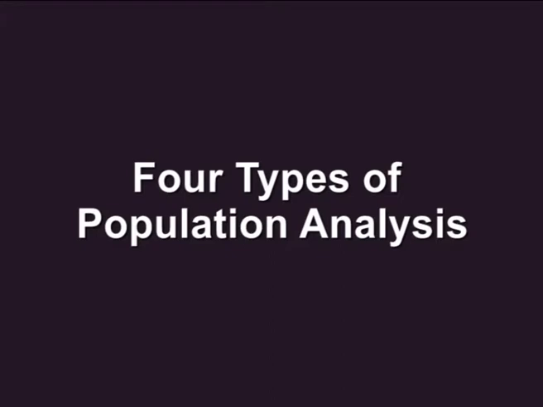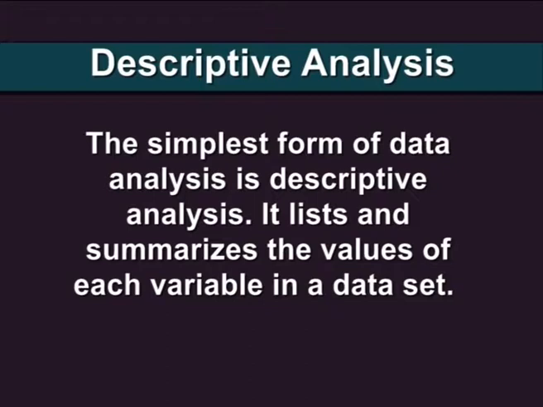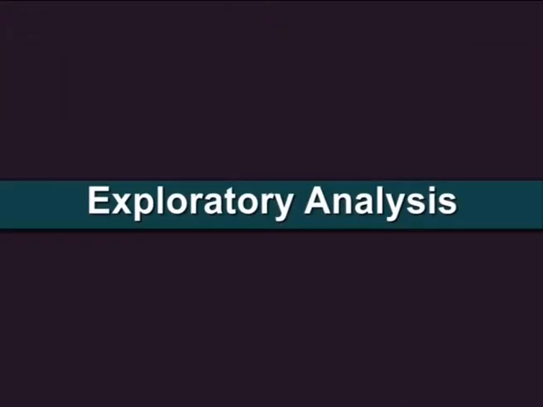There are four types of population analysis. These can be descriptive analysis. The simplest form of data analysis is the descriptive analysis. It lists and summarizes the values of each variable in a data set. Second can be exploratory analysis.